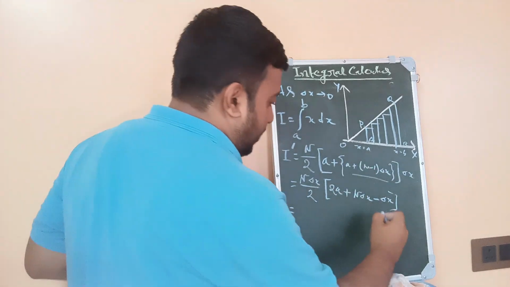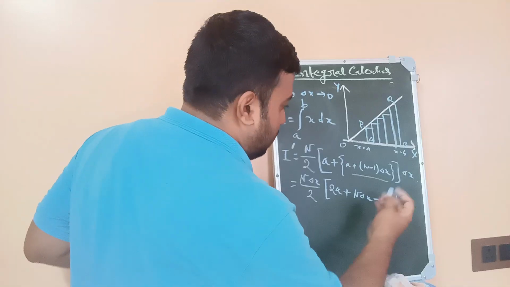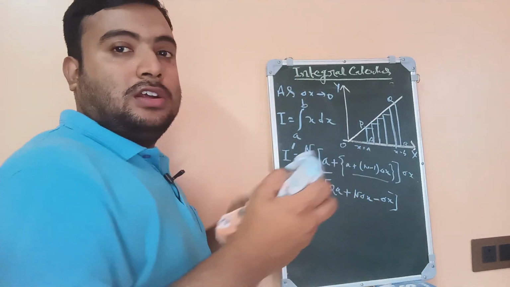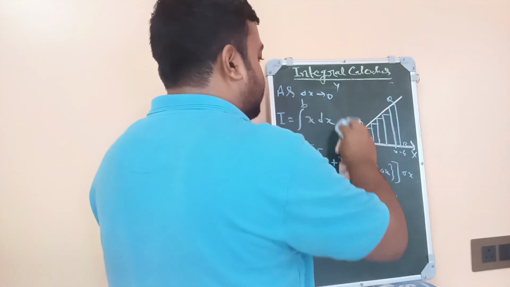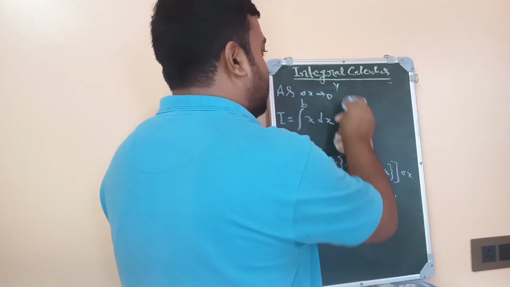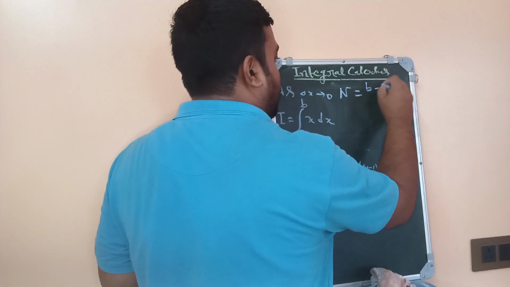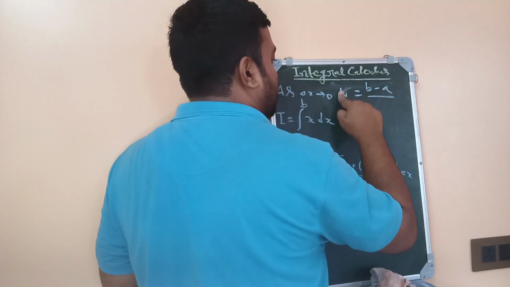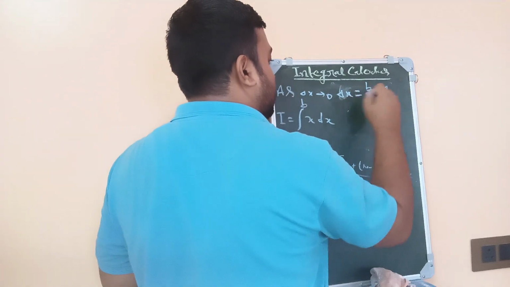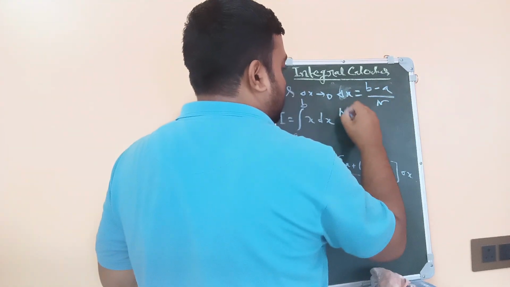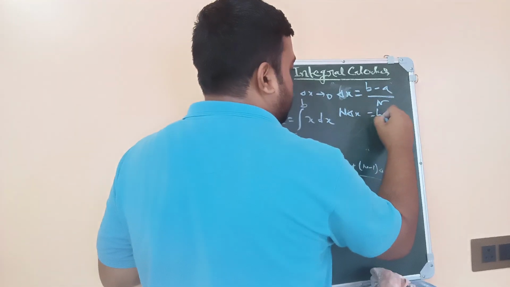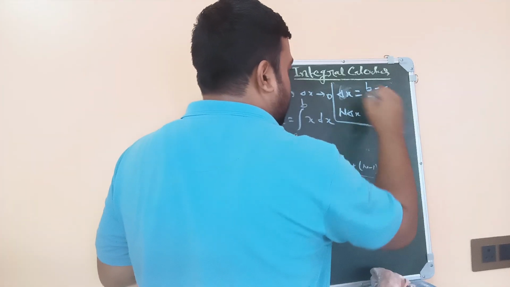We know that delta x was (b - a) by n, so n into delta x = b - a.